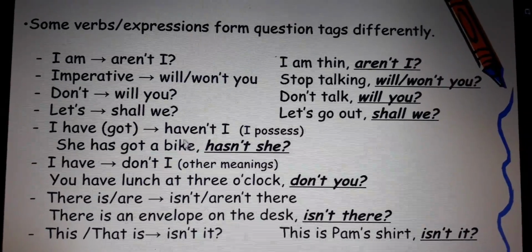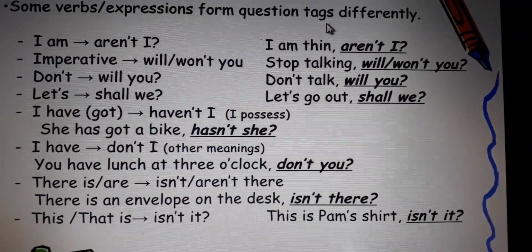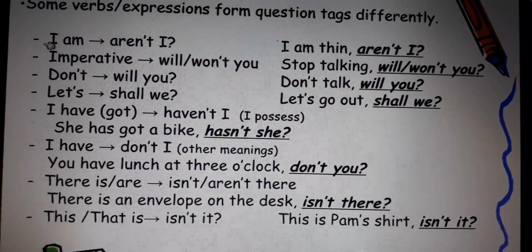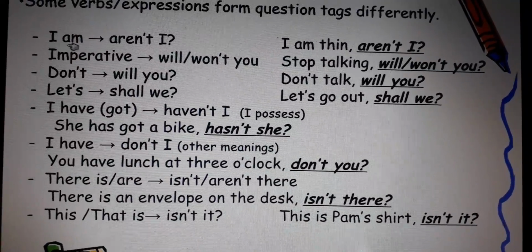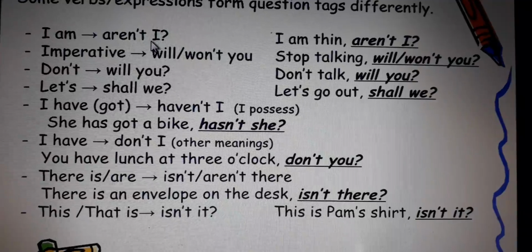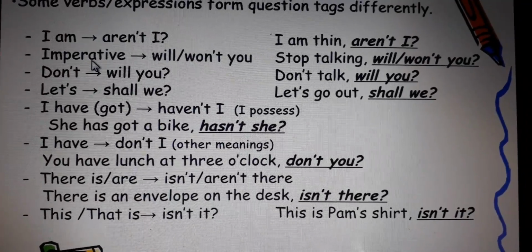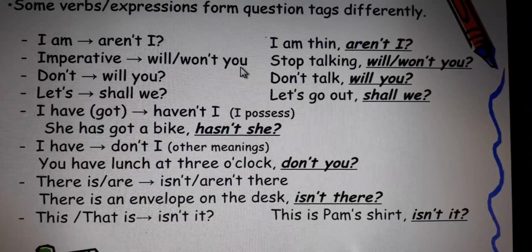Now some exceptions are there. Some verbs or expressions form question tags differently. Let's see. I am. Am I? It will not be written as am I, it will be written as aren't I. If the sentence is imperative, you are going to use will you or won't you.